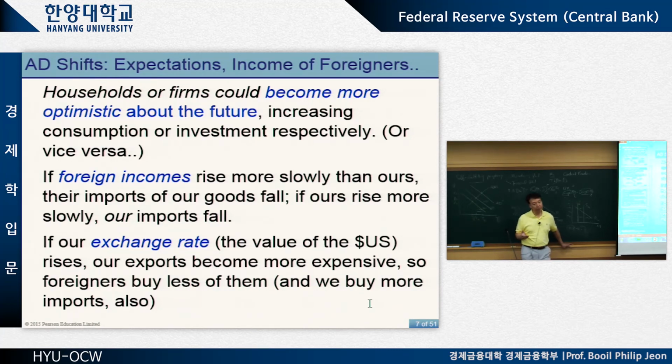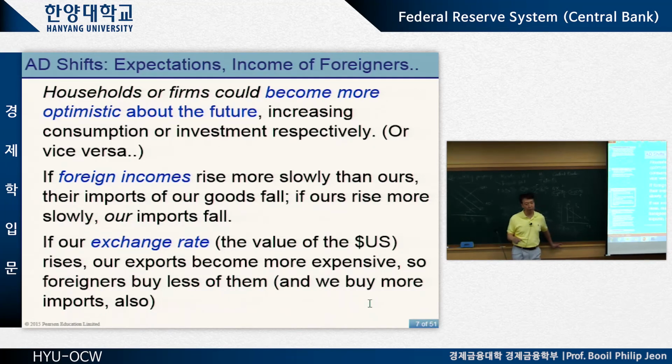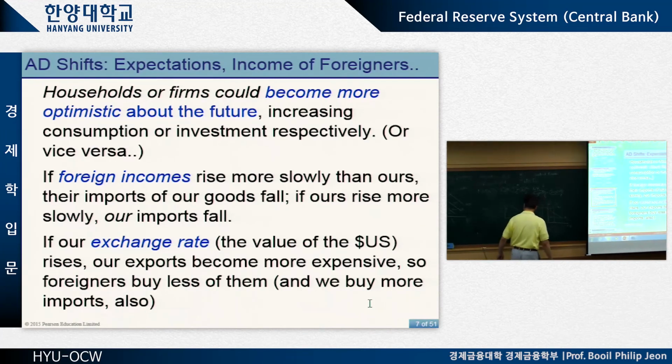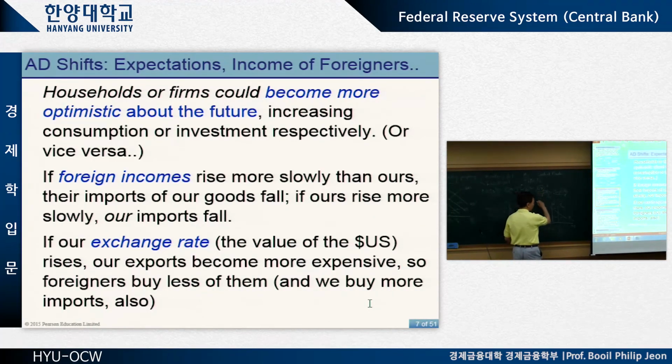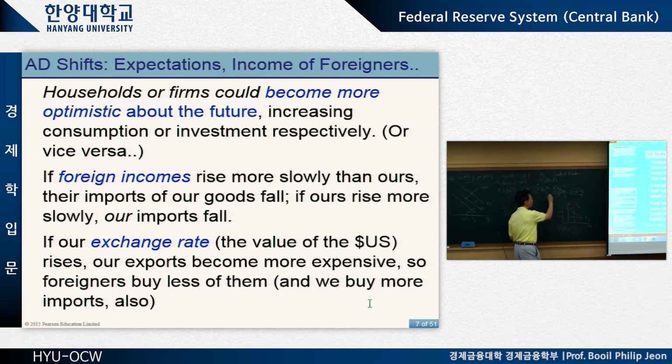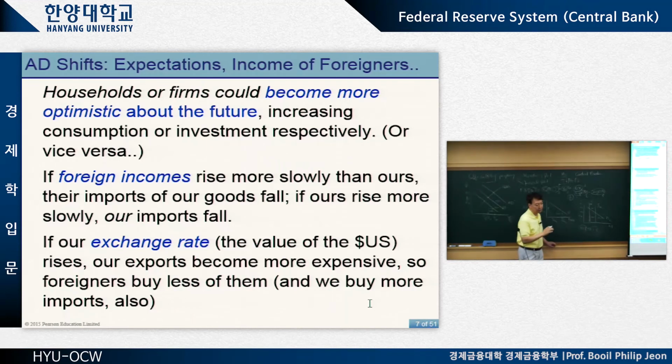Then what's going to happen is the export of this country will decrease naturally, and import of this country from other countries will increase, right? So that means net export will decrease if the economy of this country is stronger than other countries.